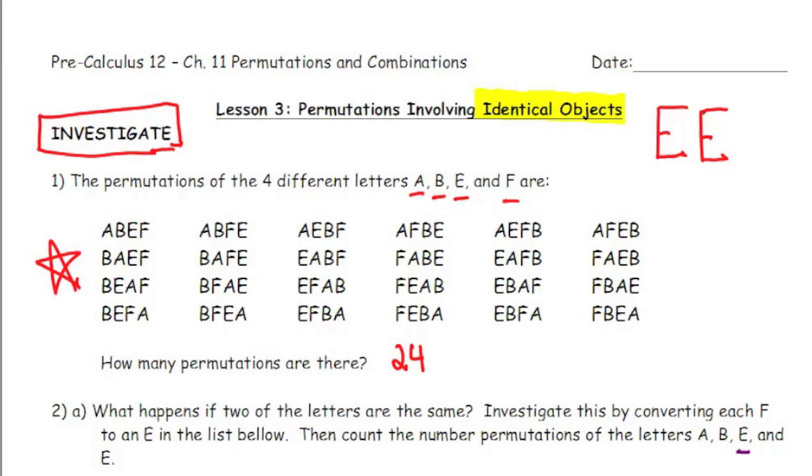Now there's a couple of mathematical ways we've found to do this instead of just doing the brute force method. One of them is the fundamental counting principle, meaning for the first letter we had 4 possibilities. For the second letter then we only had 3 possibilities. For the third letter we had 2 possibilities, and for the last we only had 1. Which is equal to 24. Remember, you just have to multiply the numbers together.